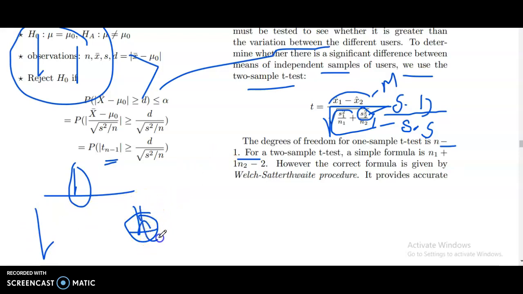For the two sample t-test, the simple formula is n1 plus n2 minus 2.